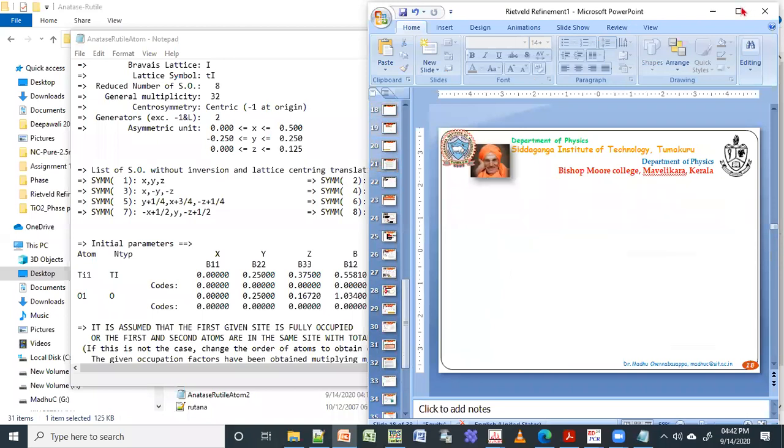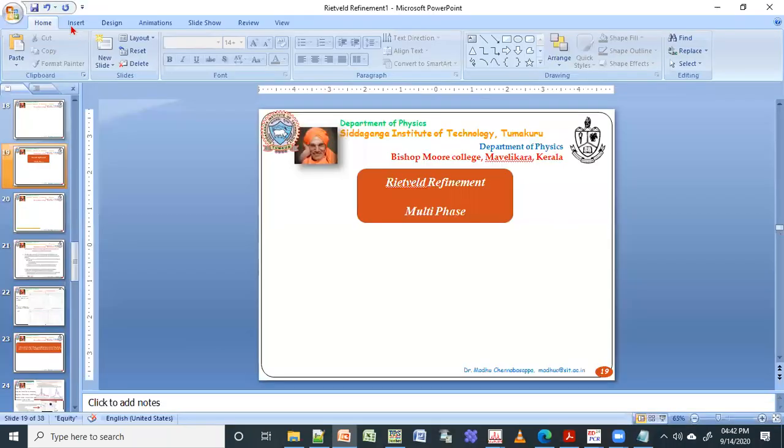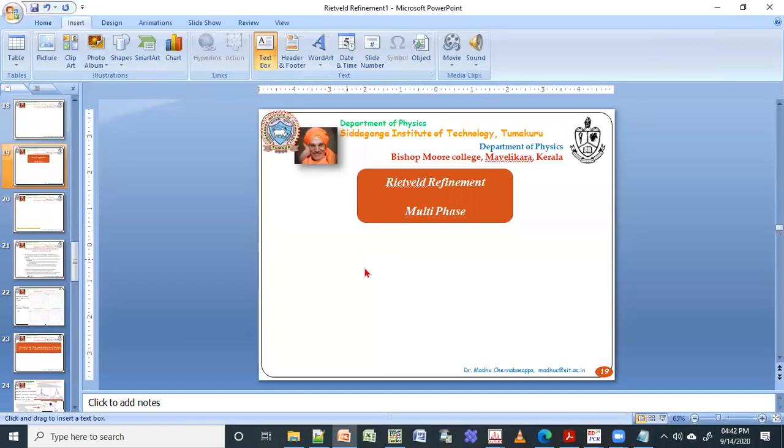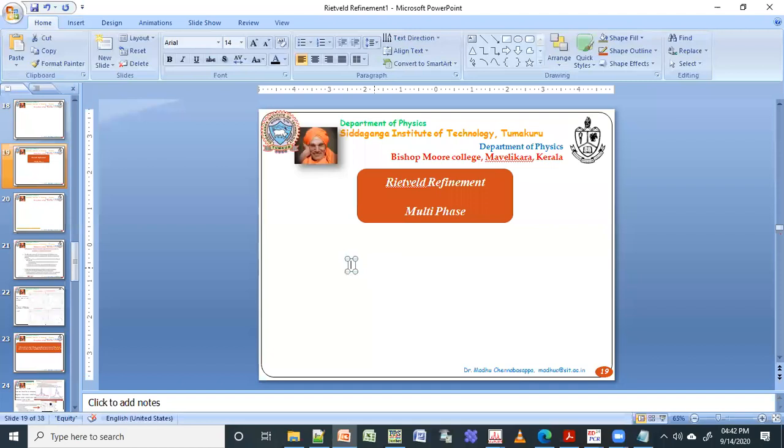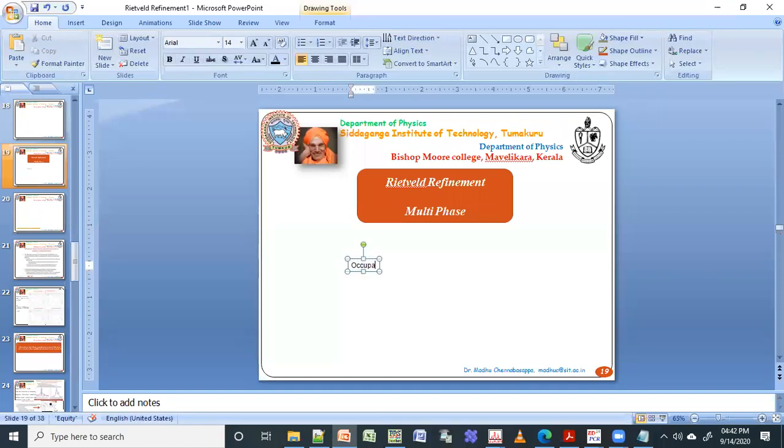The occupancy, if I want to say occupancy, it is nothing but the ratio of the multiplicity of the site divided by the general multiplicity.